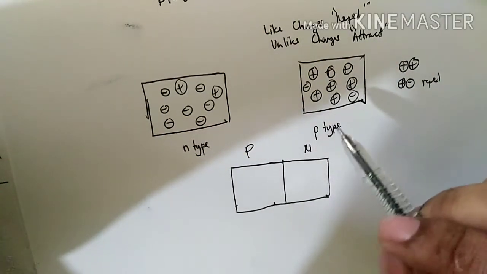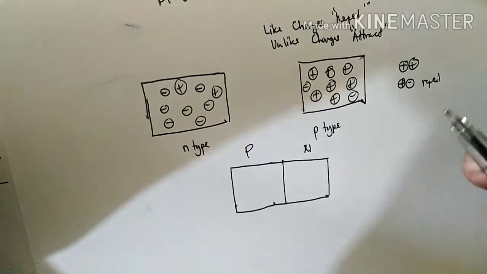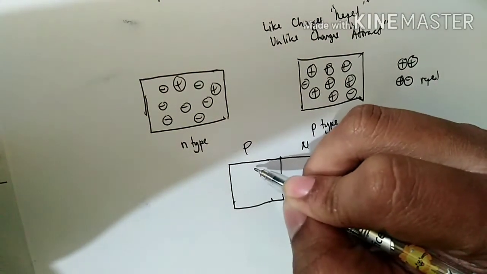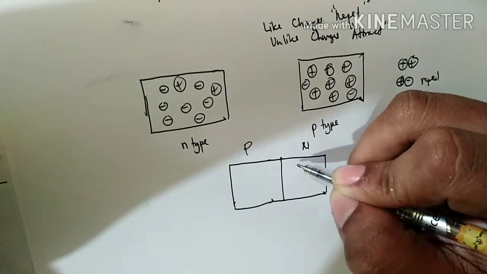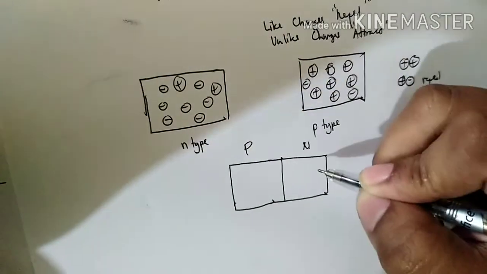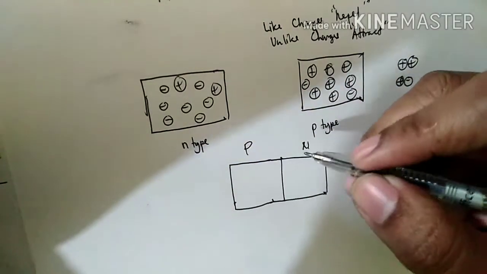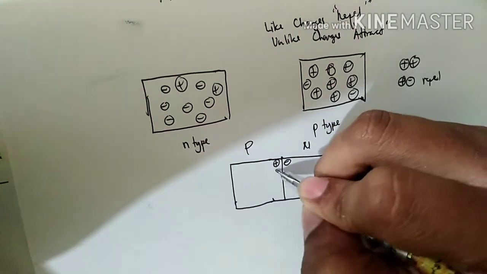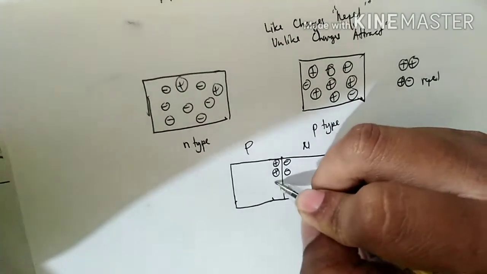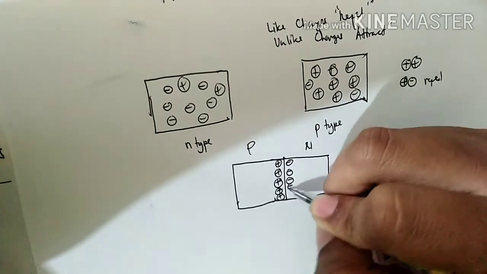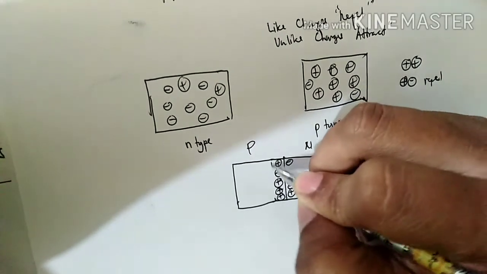If you fuse or join an N-type and a P-type material, the majority carrier of the P-type material will attract to the electrons, the majority carrier of the N-type material.